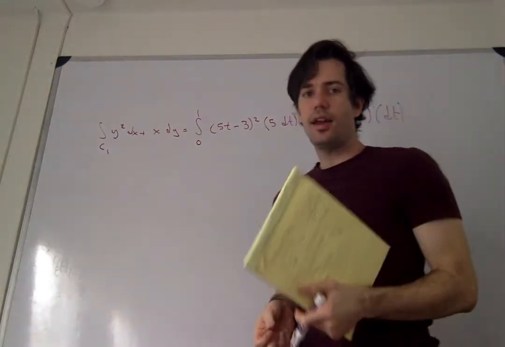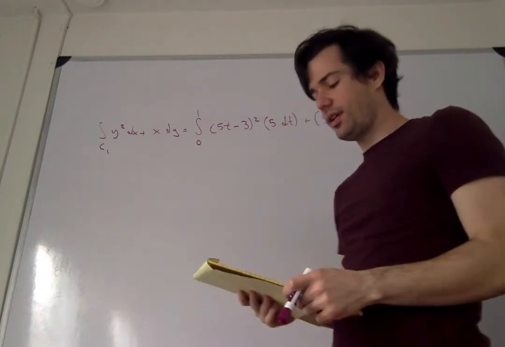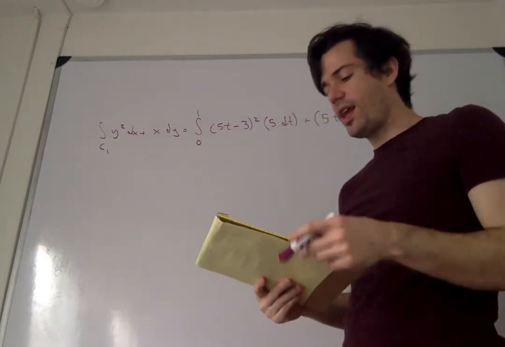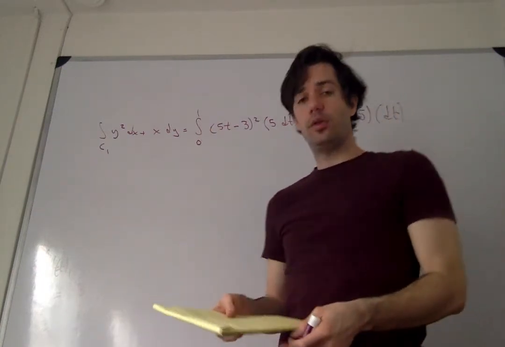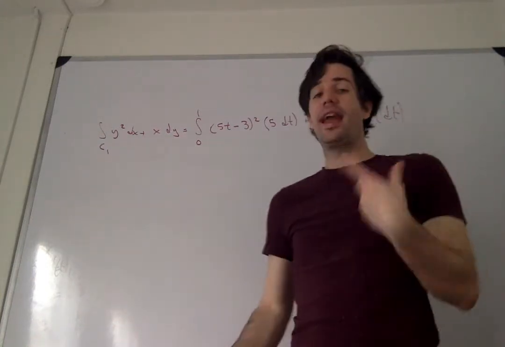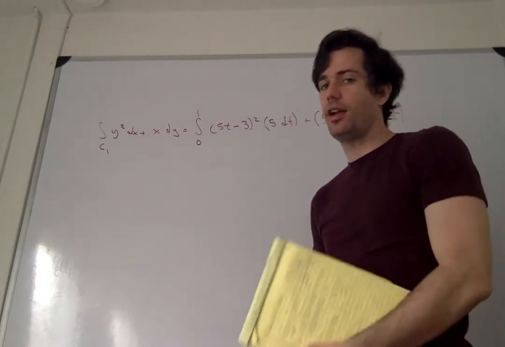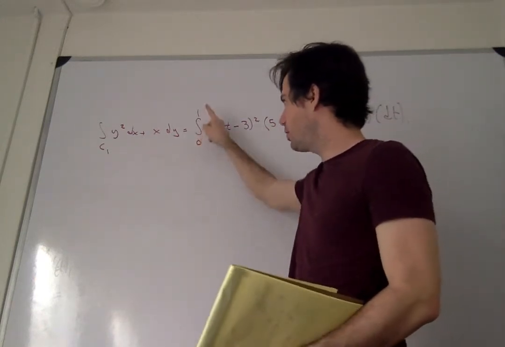So how did I get this? Well, in the previous section, when I had x equals 5t minus 5, y equals 5t minus 3, I technically forgot to say that t goes from 0 to 1. So let me just say that right now. So t is going from 0 to 1.